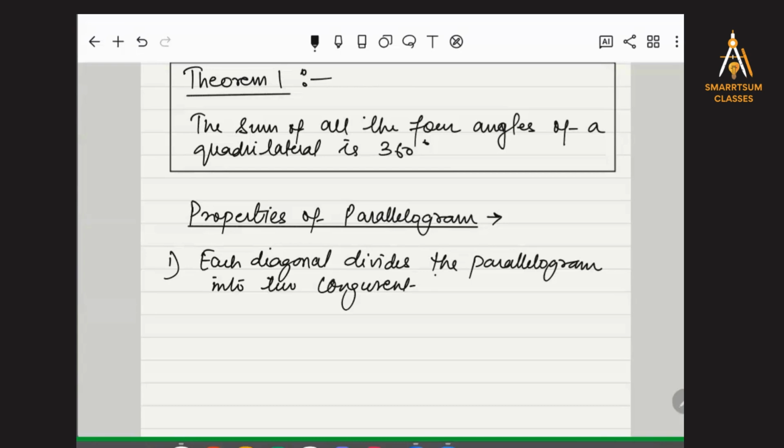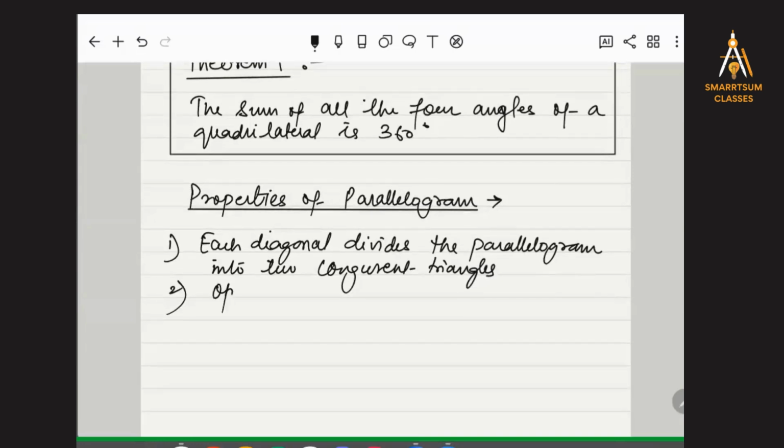Second property, opposite sides are equal.